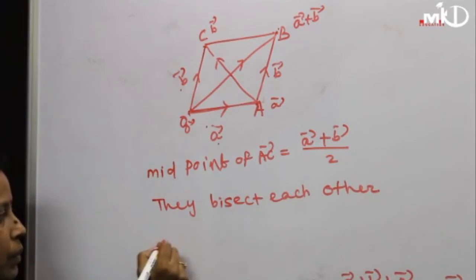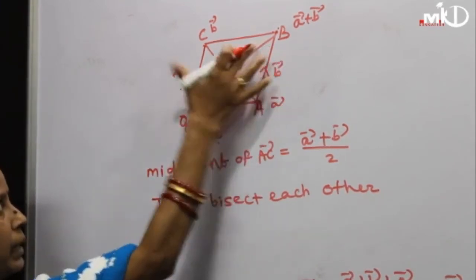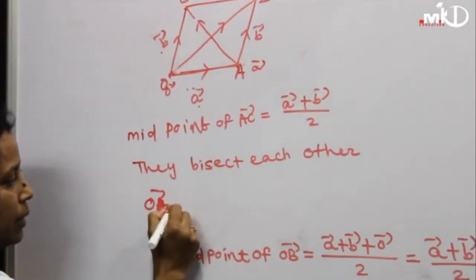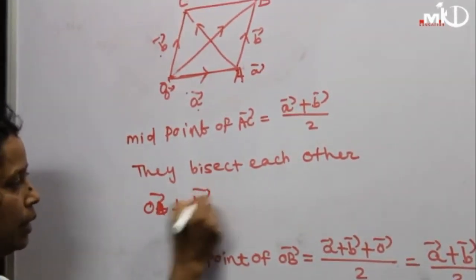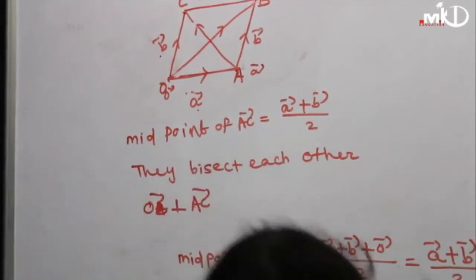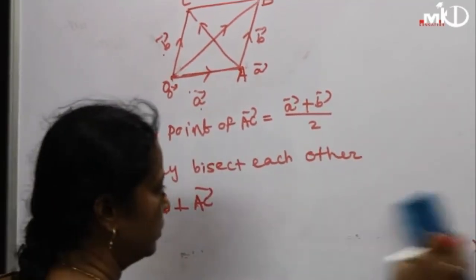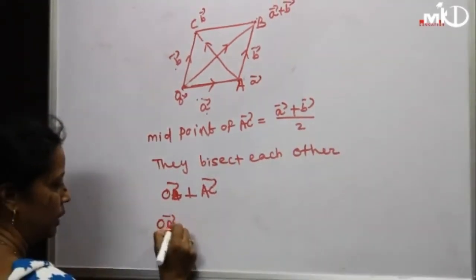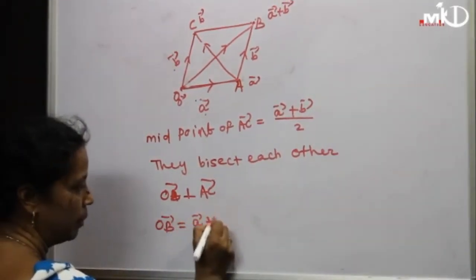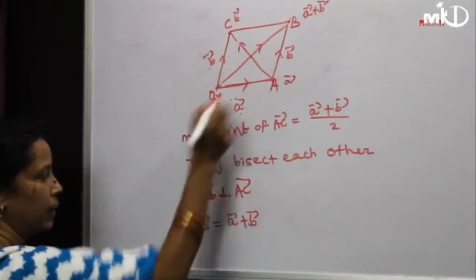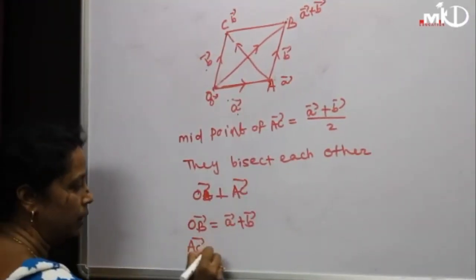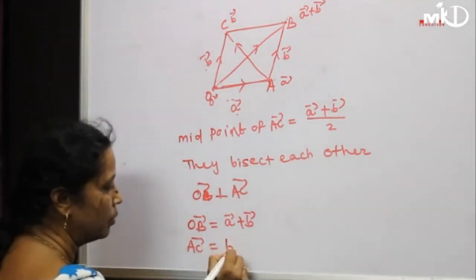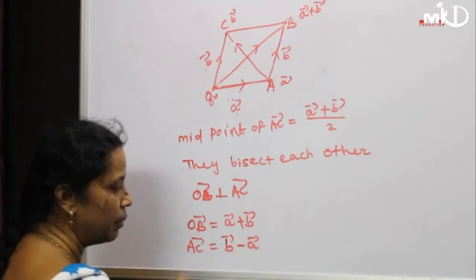Next, we have to prove this OB vector is perpendicular to AC vector. Now, OB vector is equal to A bar plus B bar, and AC vector is equal to the position vector of C minus position vector of A, that is equal to B bar minus A bar.